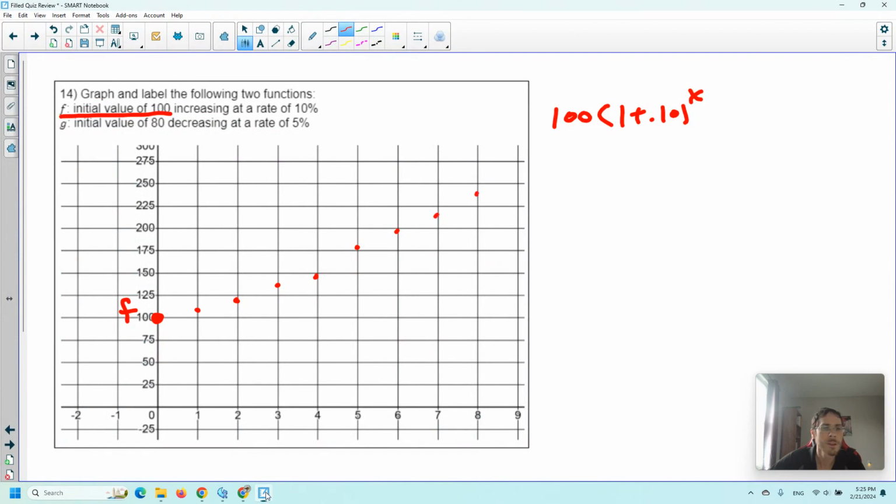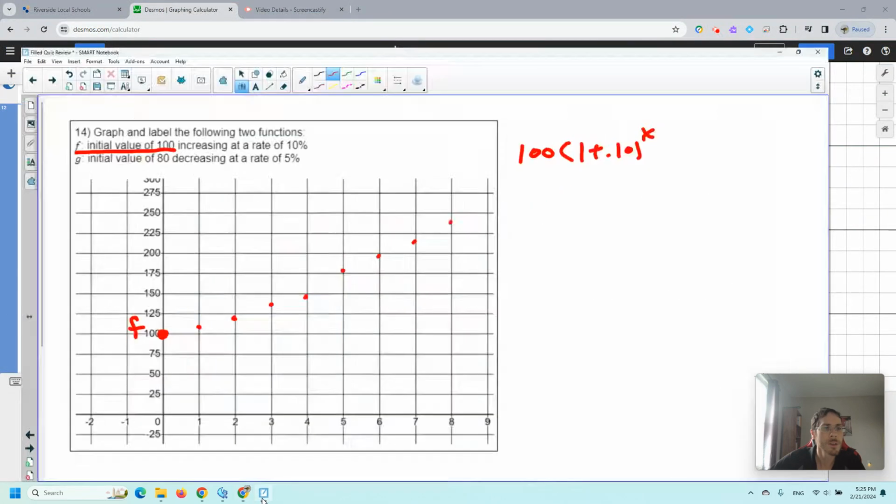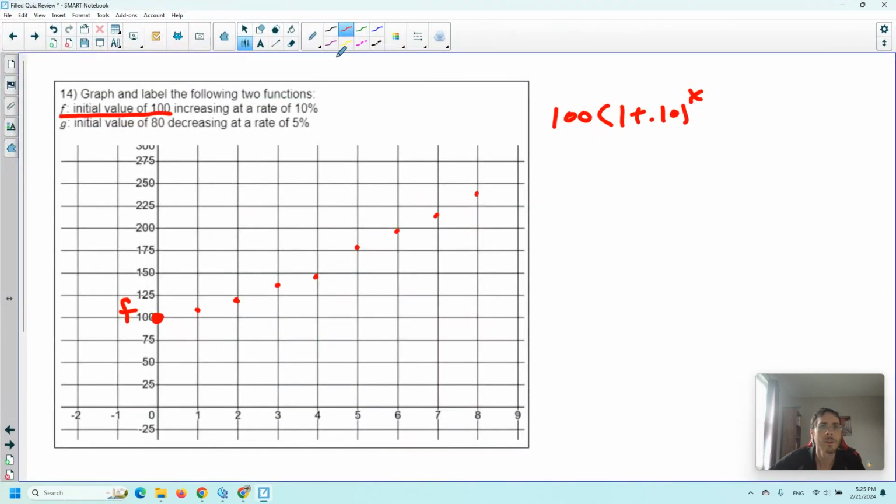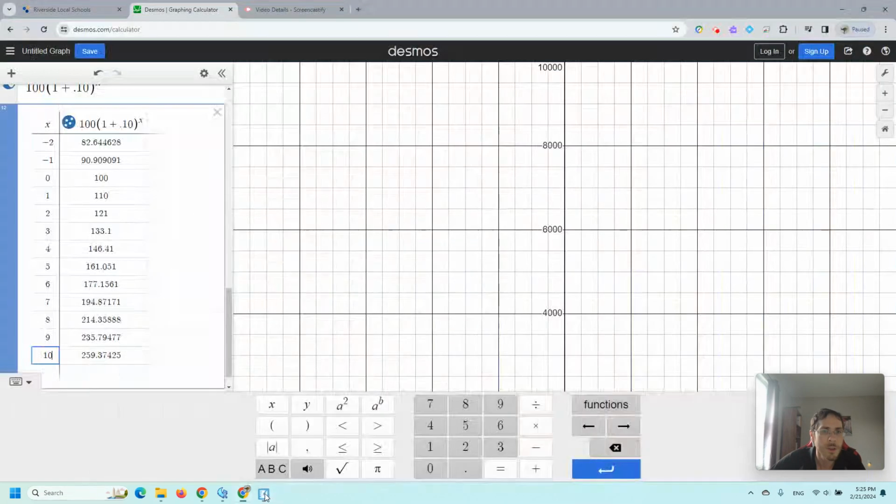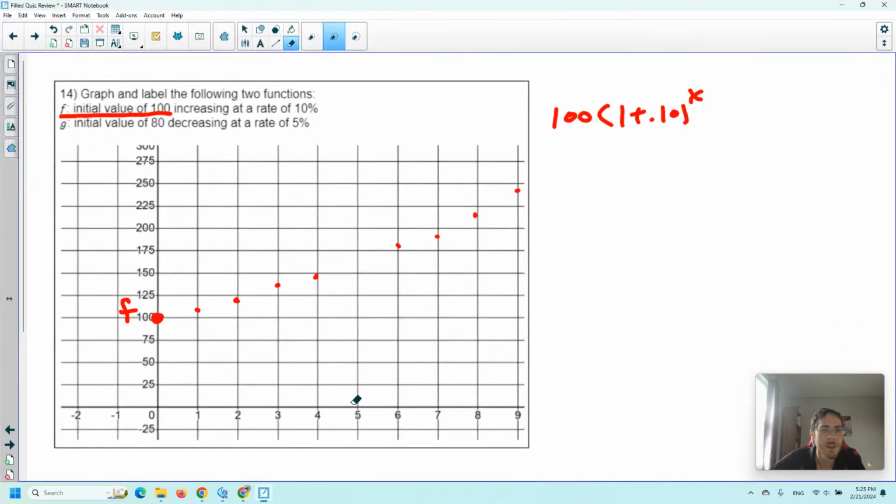Oh, I got off kilter somewhere. I think that looks good, because it did look a little bit janky there. That didn't look like it had a good curve. 161 is at 5. Yeah, there we go. 161, about there. All right, and we can see we're kind of making a curve. So we don't want to do a straight line. We want to do a bit of a curve.